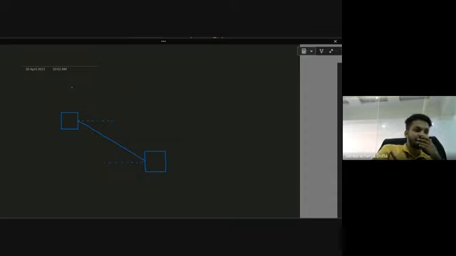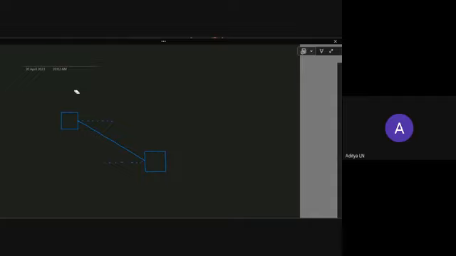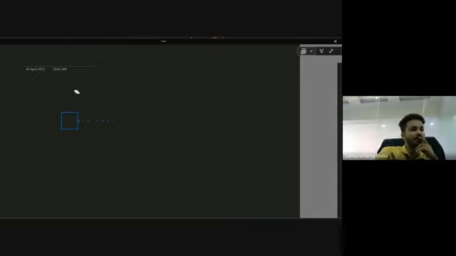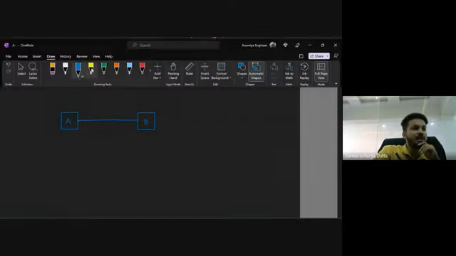A string extendable? No, strings don't extend. Let's not make it too complicated in the beginning. So let's say these are two blocks, block A and block B, attached by a string, and we're looking from the top.